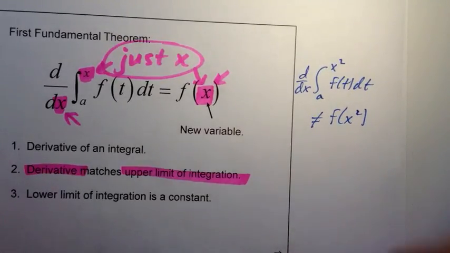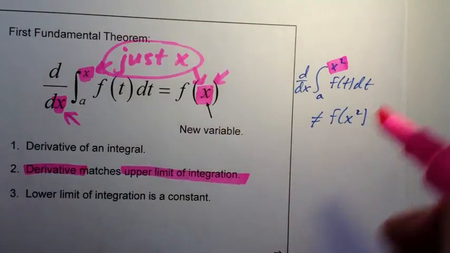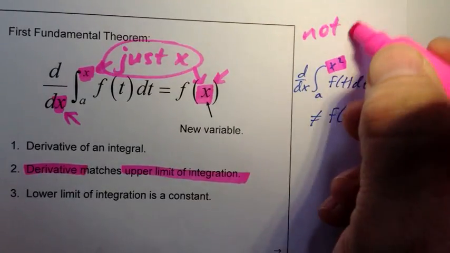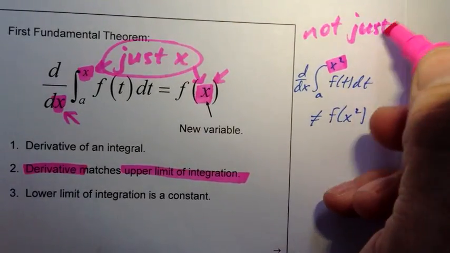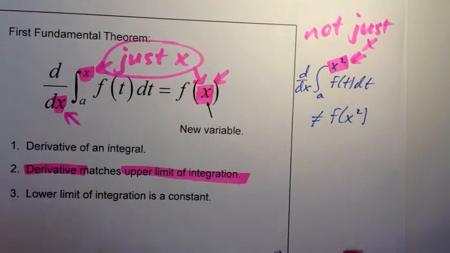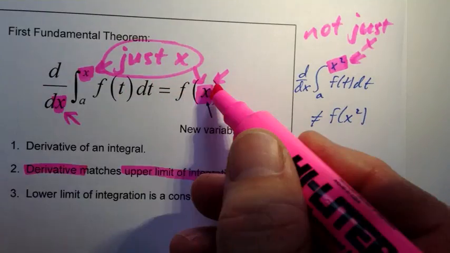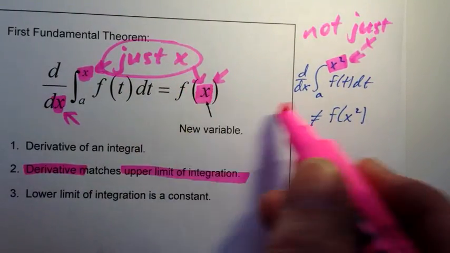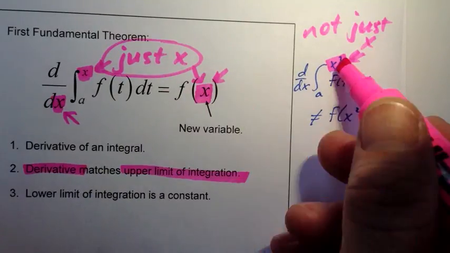What's your first clue? The first clue is that that guy is not just x. That's not just x. So if that's not just x, all bets are off. Understand? All bets are off. It's not equal to just f of x squared.